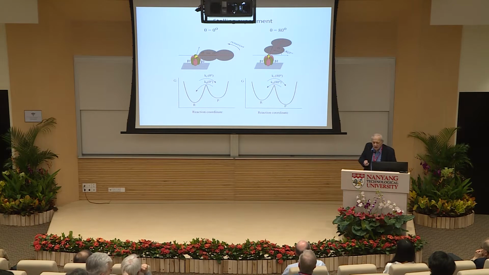The main thing is that during the rotation, you have free energy changes. So somehow, to develop a theory of this mechanical chemical motion, you have to have an expression which combines both that motion and the chemistry. That's the essence of the theory.